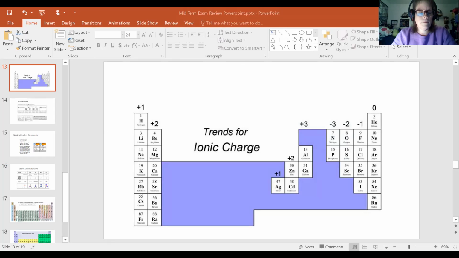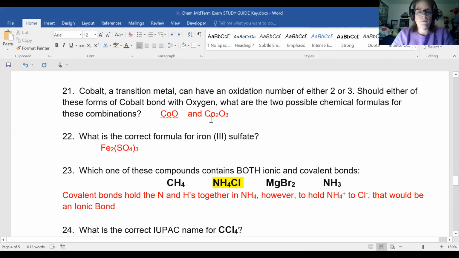All right, so we have oxygen, which is going to be a -2 all the time. It's not going to change. We have one cobalt that has a 2, so that's +2. So we have Co with a +2 charge along with oxygen with a -2 charge.